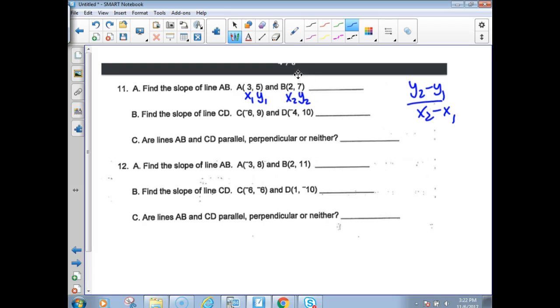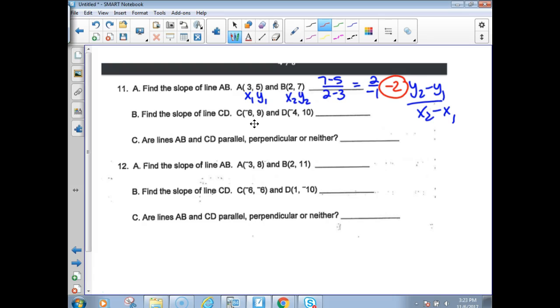We subtract our y's first. 7 minus 5 on top. Subtract your x's, 2 minus 3 on the bottom. We simplify it to 2 over negative 1, and then we simplify it one more step. You do not leave it as 2 over negative 1. You write negative 2. Okay, that's the slope of that line.